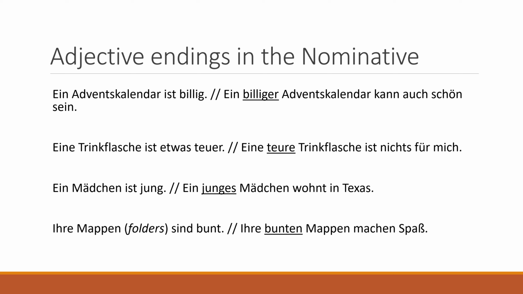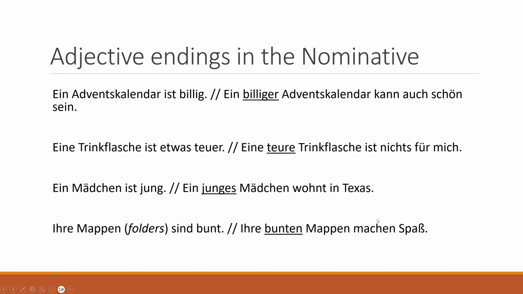It means it follows the patterns of those words, like kein, keine, kein, mein, meine, mein, ihre, right? Okay. So we have ein Adventskalender ist billig. Ein billiger Adventskalender kann auch schön sein. Eine Trinkflasche ist etwas teuer. Eine teure Trinkflasche ist nichts für mich. Ein Mädchen ist jung. Ein junges Mädchen wohnt in Texas. Ihre Mappen sind bunt. Ihre bunten Mappen machen Spaß.